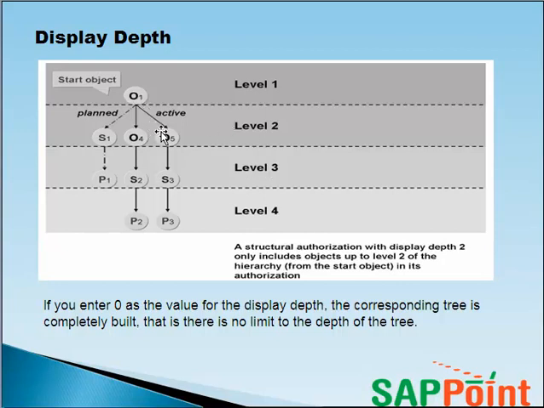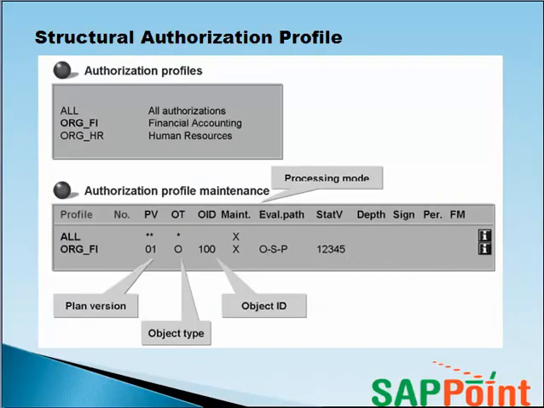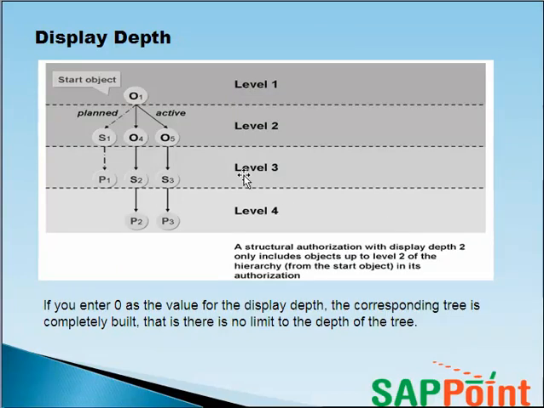So this level and this level. So the system will only return, if this is the starting object, O1, it will return position 1, org4 and org5. If you specify 3, the system will return O1, S1, O4, O5, P1, S2, S3.